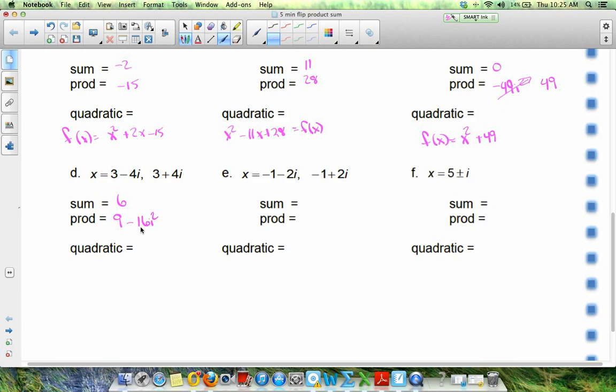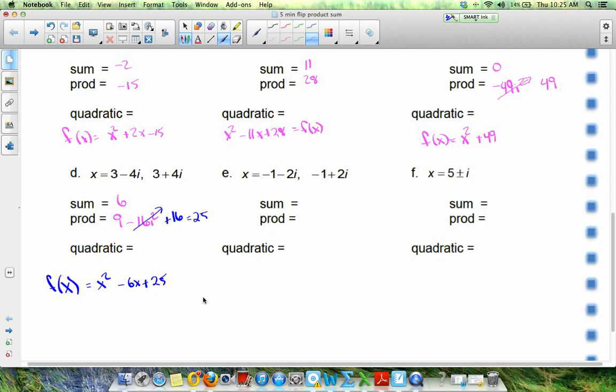Well, that negative 16i squared, as before, we don't keep imaginaries raised to a power, so that becomes plus 16. So that becomes 25. So this builds to f of x equals x squared minus 6x plus 25.